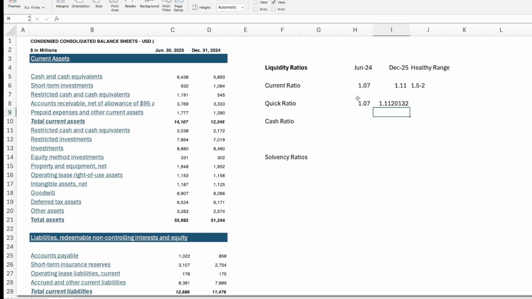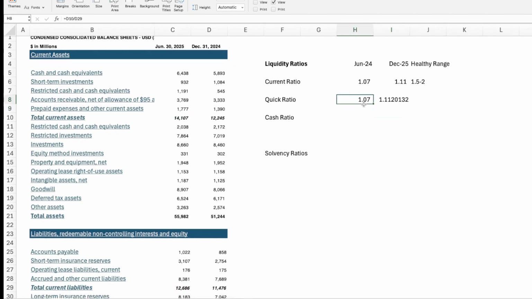The difference now is, whilst for the current ratio the healthy range was between 1.5 and 2, for your quick ratio you want it to be more than 1. So a healthy range is greater than 1. This means that it has enough liquid assets, cash and receivables, to pay for short-term liabilities. Less than 1 suggests there's a dependence on selling the inventory to meet those obligations.